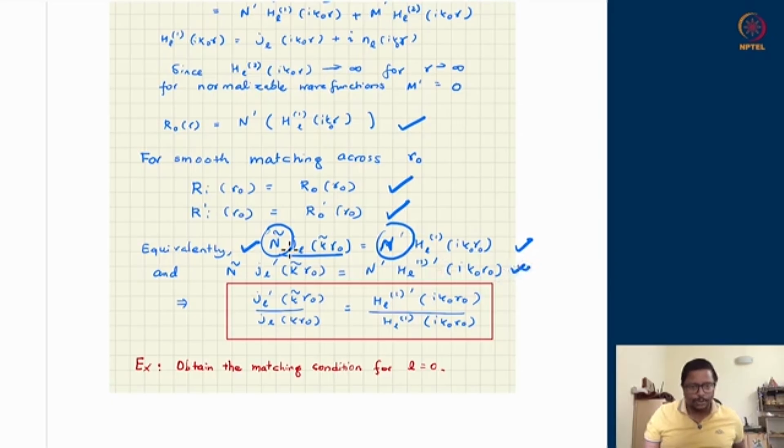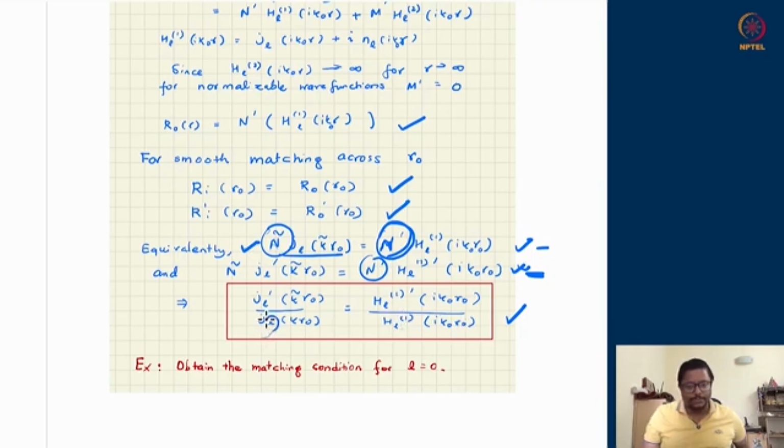You can either convert n prime as n tilde JL divided by HL1 and put it here, and then n tilde on both sides will cancel and you will get this equation. That is just taking care of the normalizations. Or you can simply divide equation number 2 by equation number 1 and you will get this equation. So this is the matching condition which is required. JL primed at the location of matching divided by JL at the location of matching should match HL primed divided by HL at the location of matching.